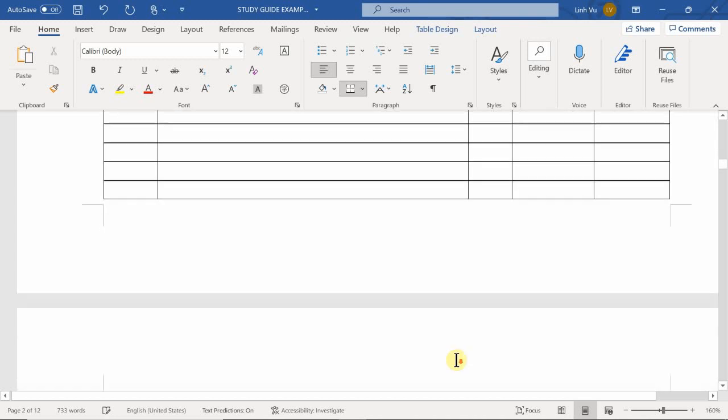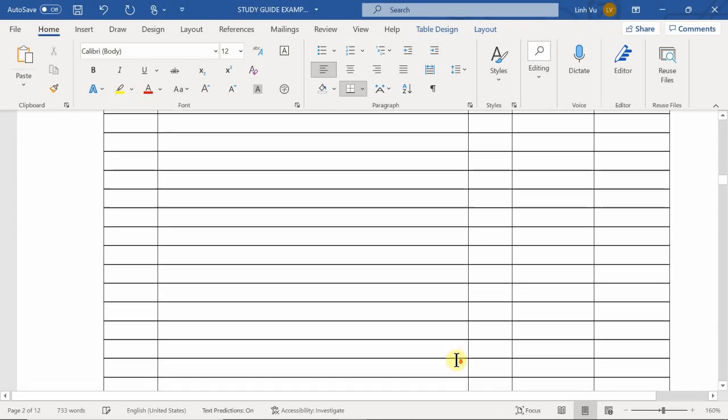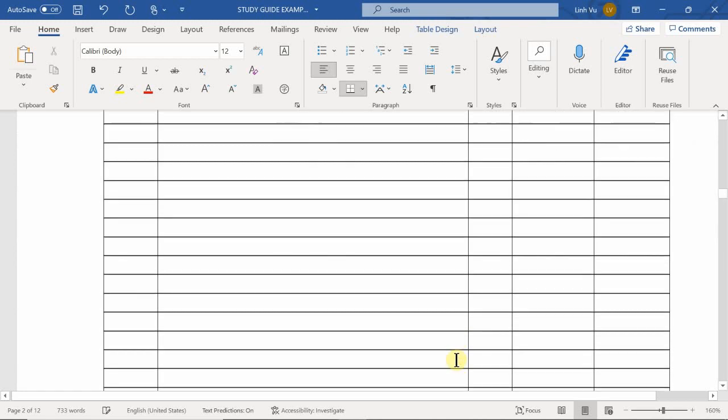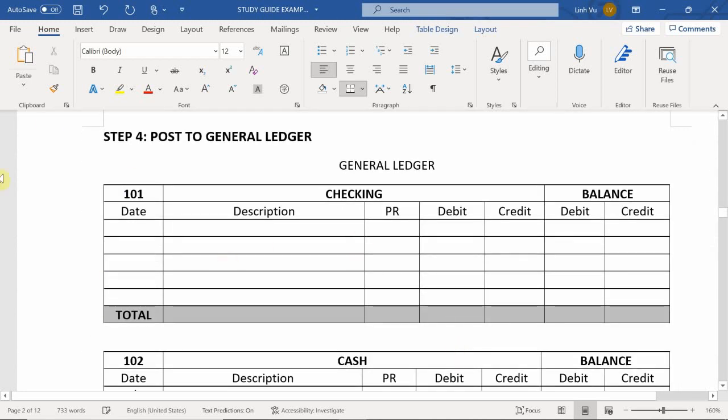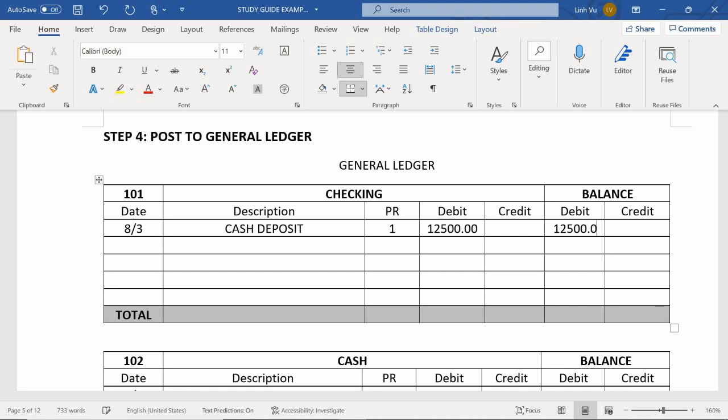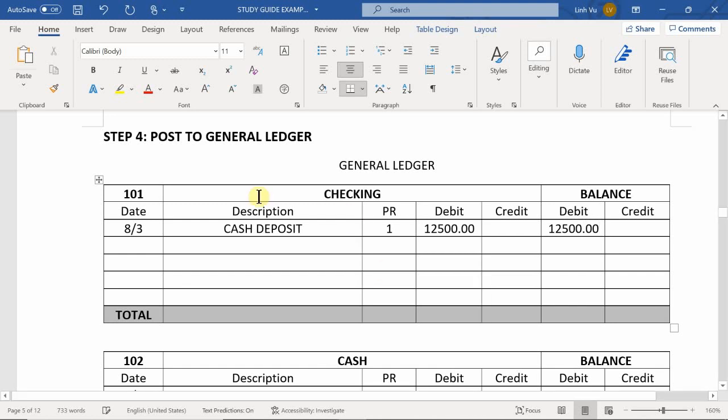All right, so we go to the ledger. We have the checking first. We have a cash deposit, journal number one, and on the debit we have $12,500, debit balance $12,500. That's all.